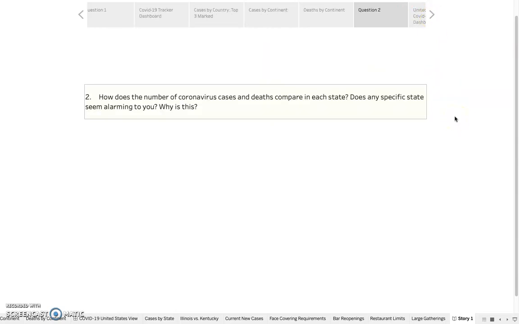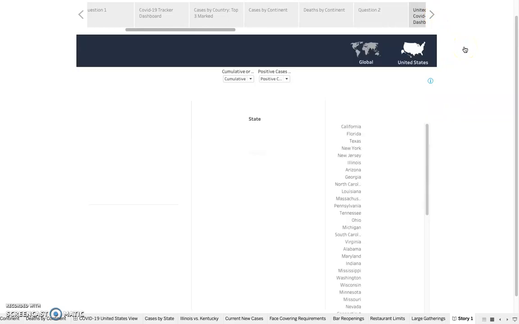After looking at a large scale, I wanted to look at each state. So question number two, how does the number of coronavirus cases and deaths compare in each state? Does any specific state seem alarming to you? Why is this? So I made another interactive map.